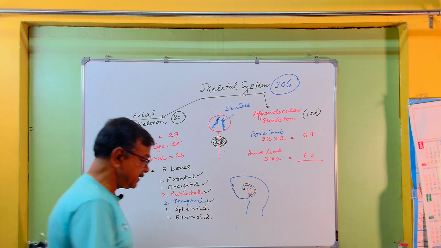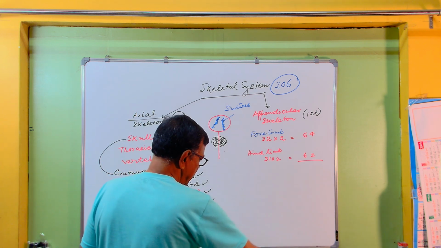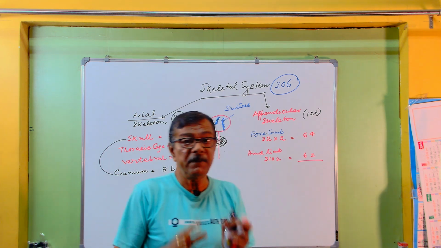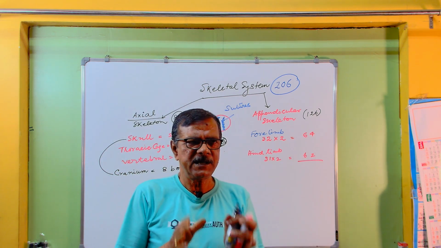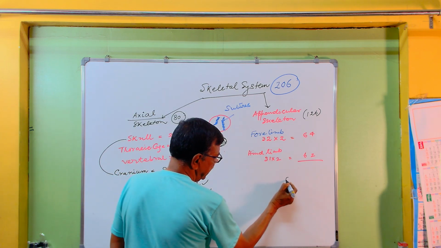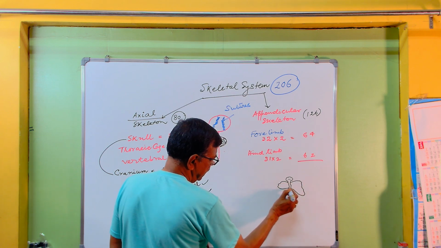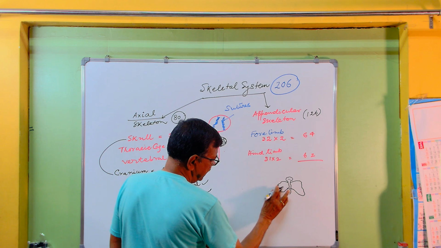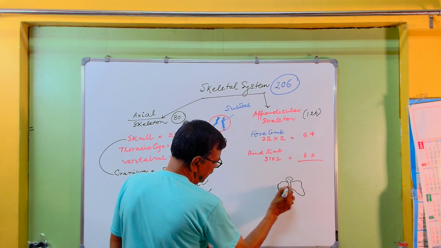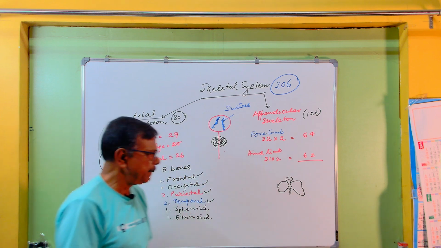Let us go. What is that? Sphenoid bone is butterfly type, bat shaped or butterfly shaped. How? A butterfly looks like this. There is a wing on both sides, and below there are the legs of the butterfly.